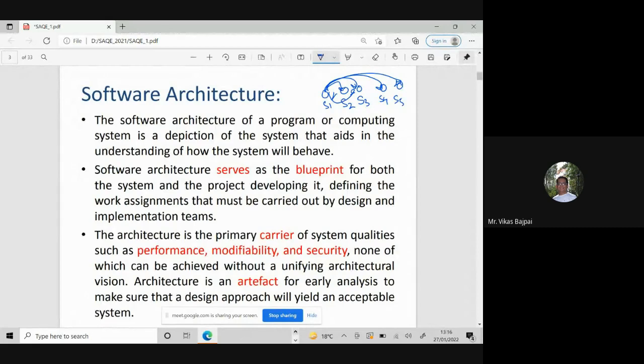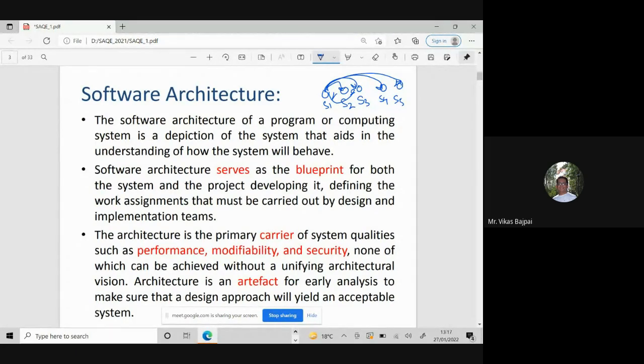Software architecture gives you fundamental structural choices: this is how my software is going to be built, this is how it is going to look, and when it will be built. The choices can be structural options and design. We can take a call on whether it will be a cloud-based application, a desktop-based application, and so on.